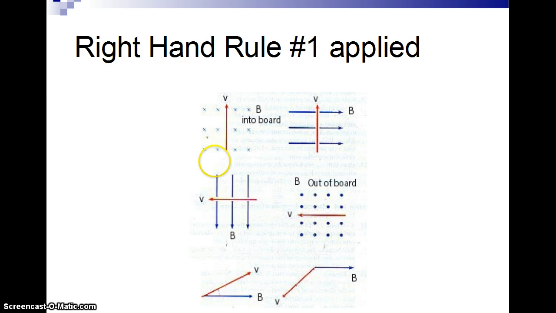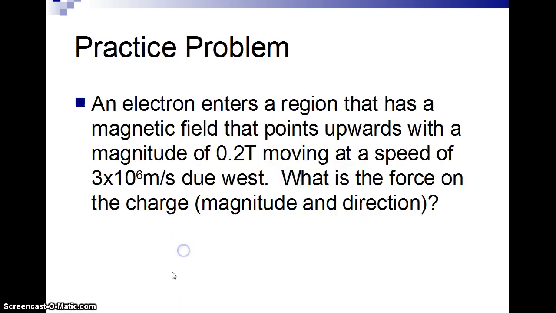Then for the third one, V and B, your thumb will point to your face. The fourth one, V and B, your thumb will point up. Then your thumb will point in for the next, and then into the page and out of the page here. We'll go over those a little bit in class. See if you can figure it out based on what I have said there.